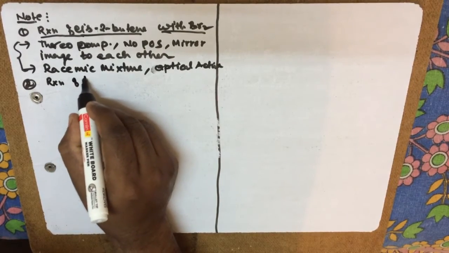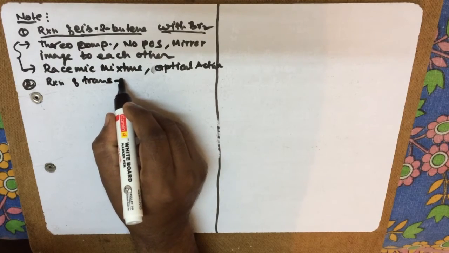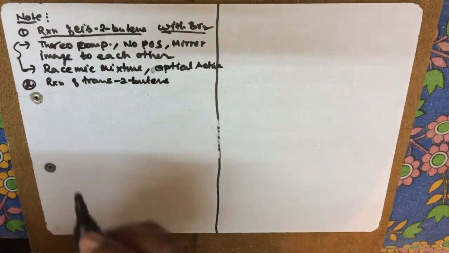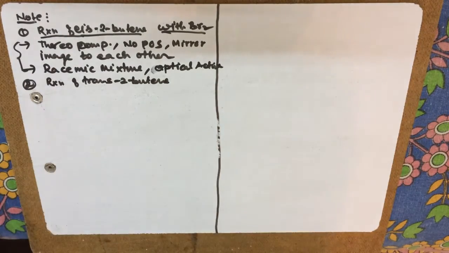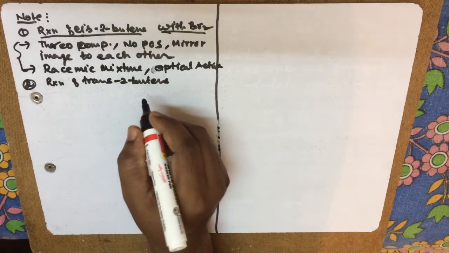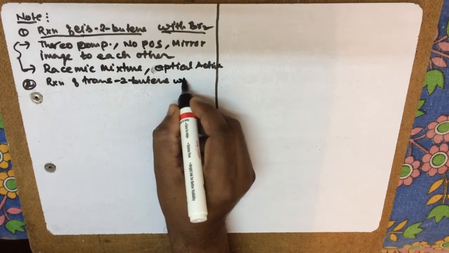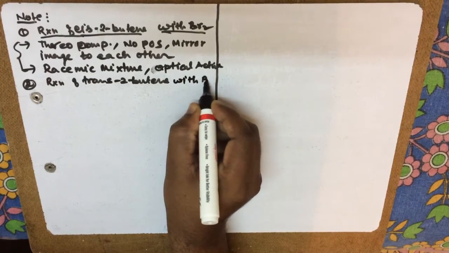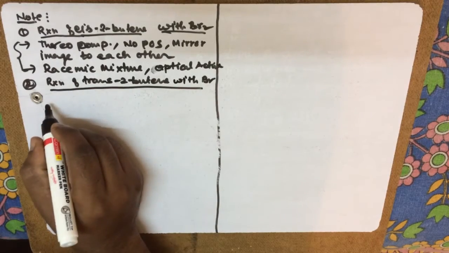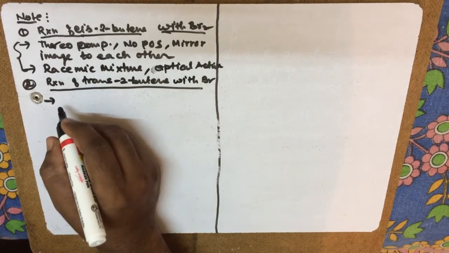When you react trans-2-butene with bromine, then you will get just the opposite of above.